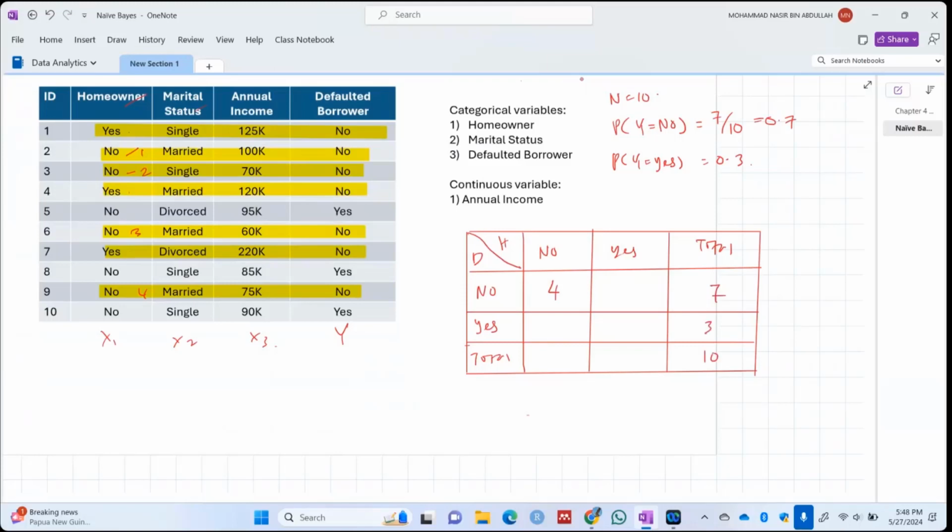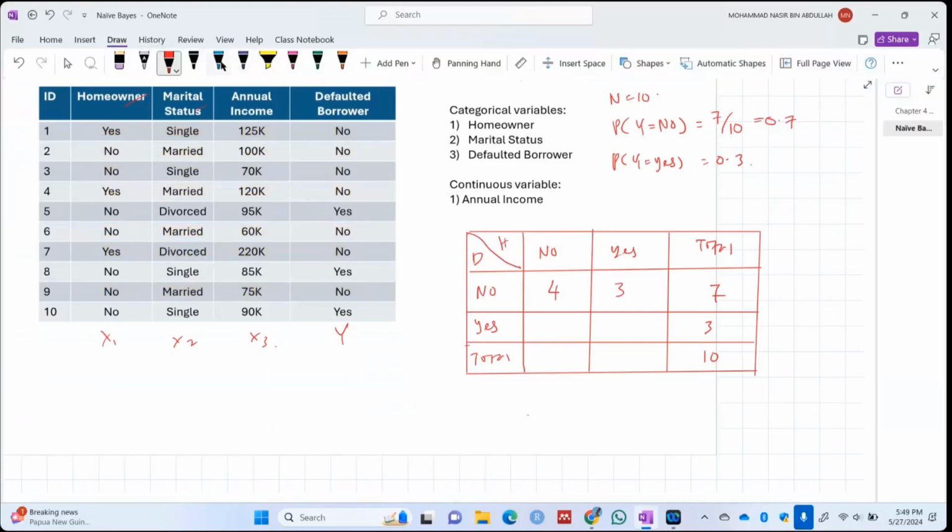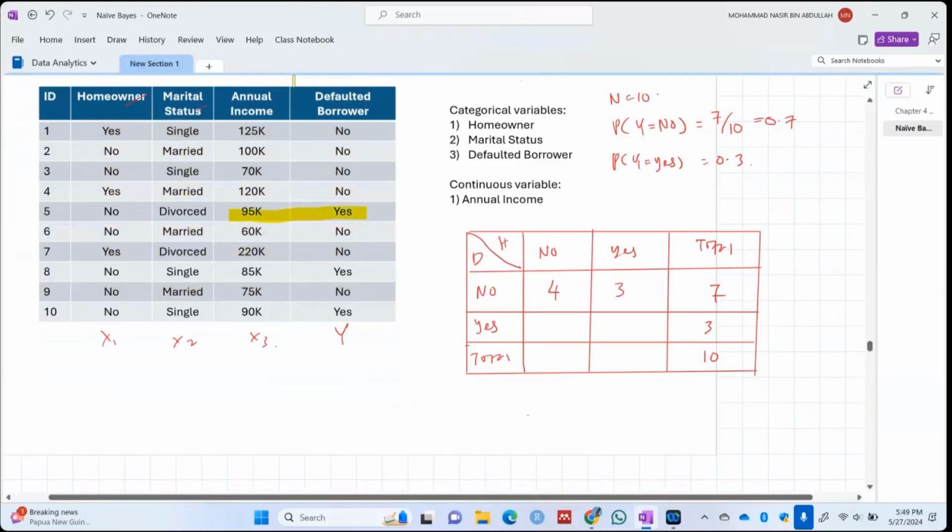So default yes, homeowner yes is 1, 2, 3. So 3. Okay, this one is clear, right? So we just want to find the number of outcomes. Later on, we will calculate the value of probability. Let's say we are looking into yes, default borrower yes.